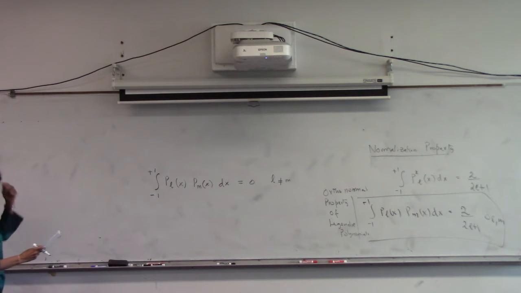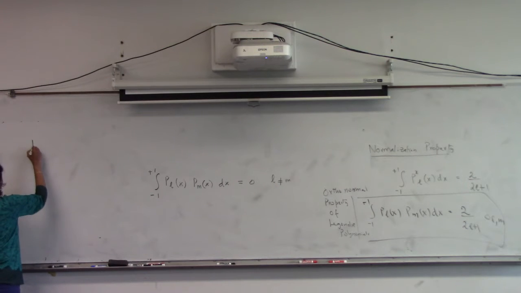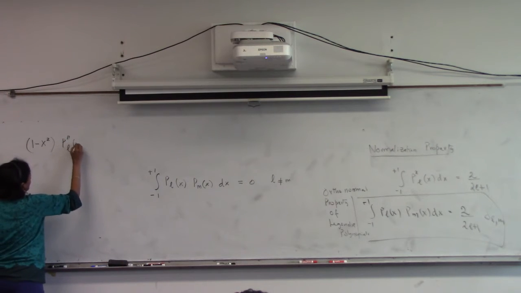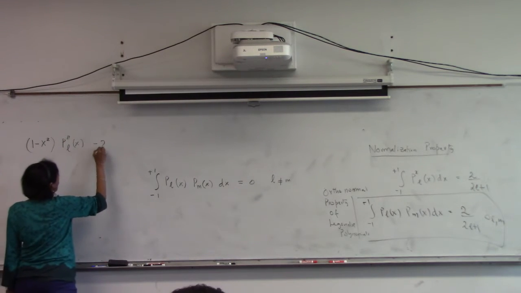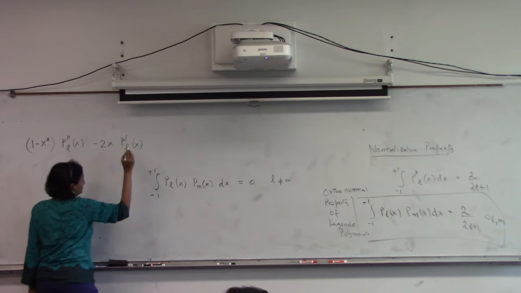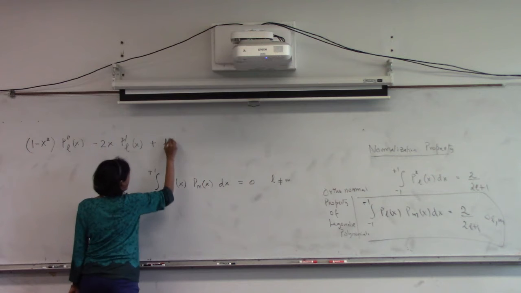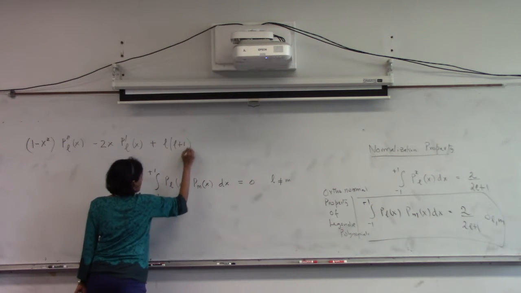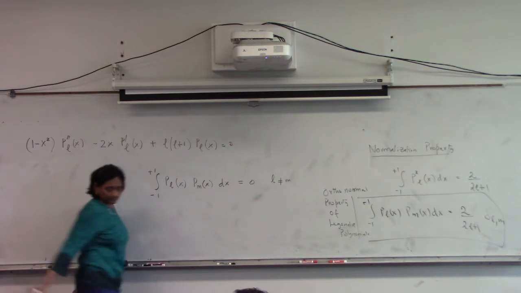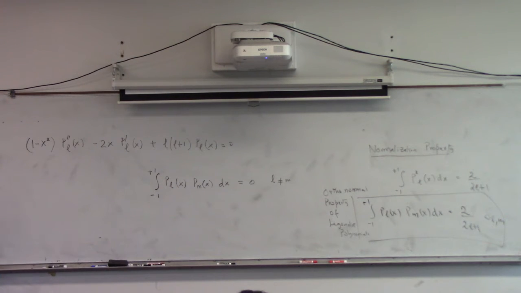So the two things that we can do are: we know PL is a solution of the Legendre differential equation. So it must satisfy the following differential equation. Right? This we know.